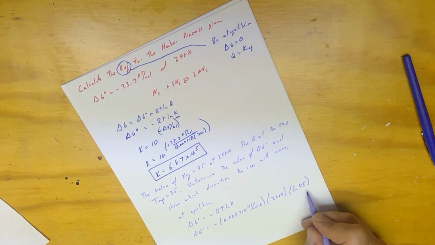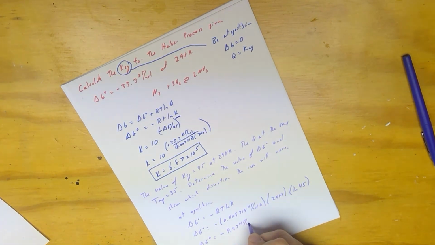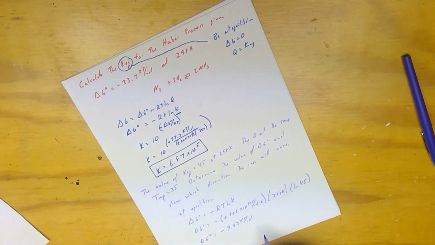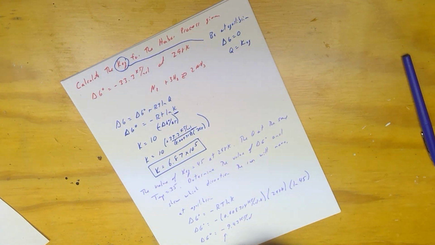When we do this math, our delta G is equal to a negative 9.43 kilojoules per mole. So this is telling us that our reaction will go forward.